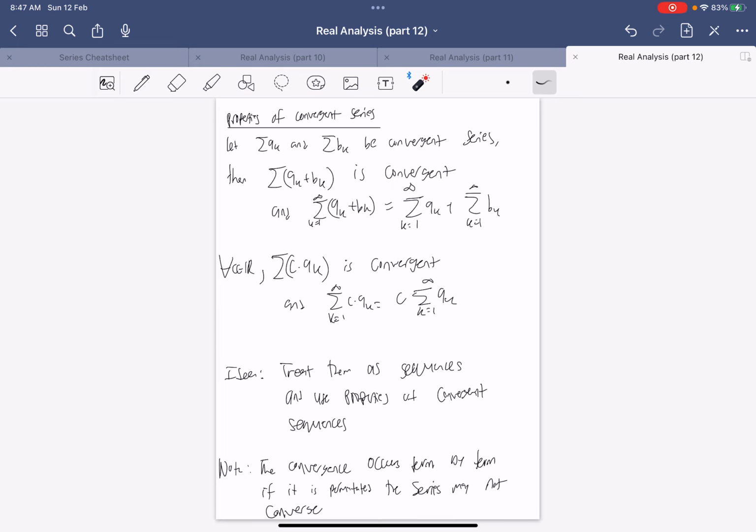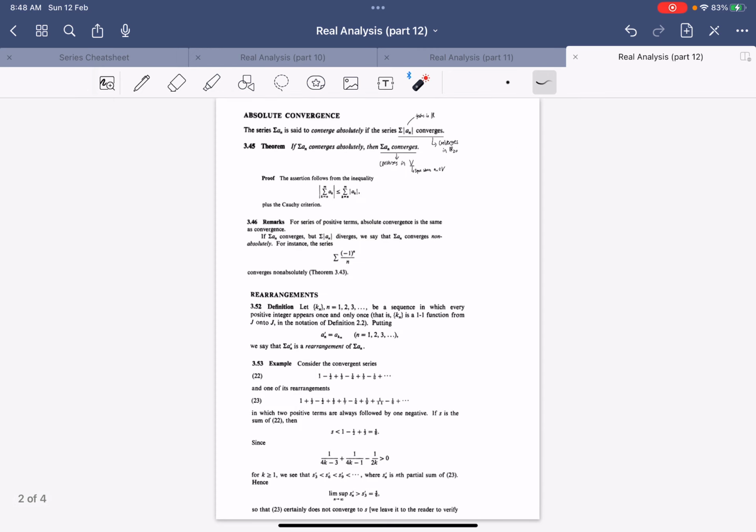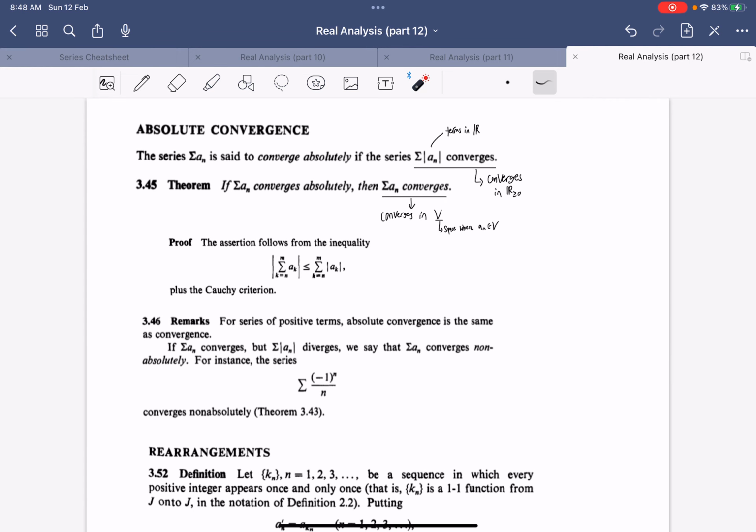However, this gives us the idea of coming up with a notion known as absolute convergence. Absolute convergence is more about the nature of the sequence converging compared to what the sequential limit is.